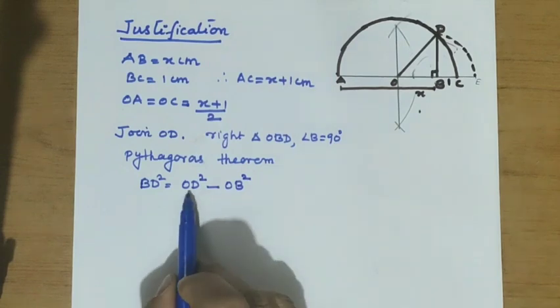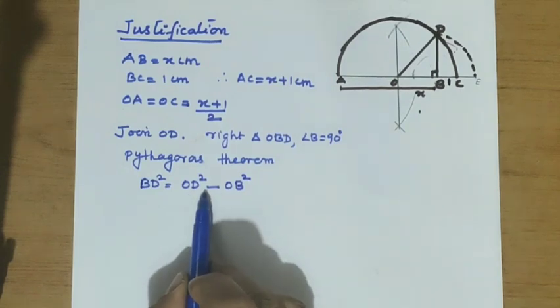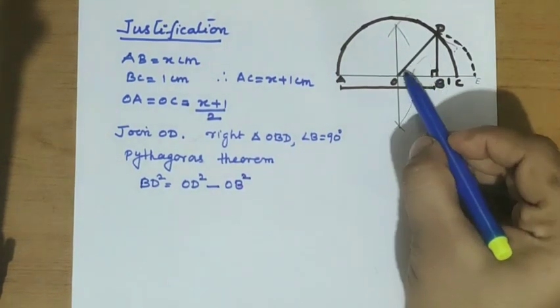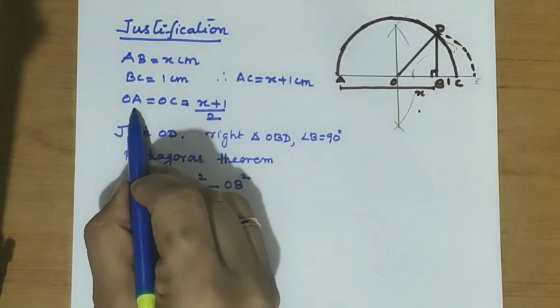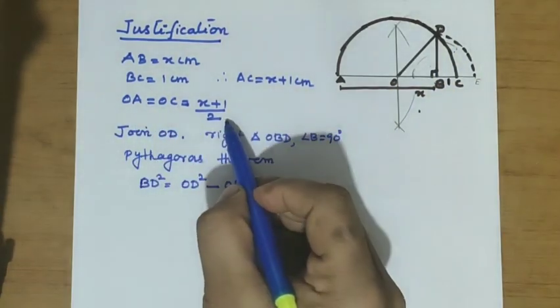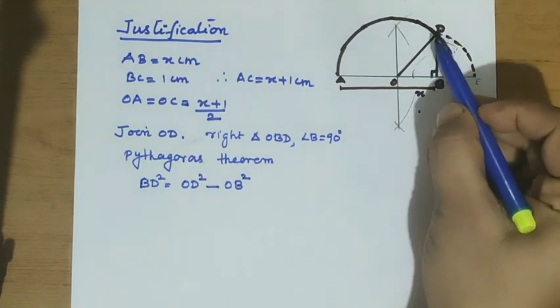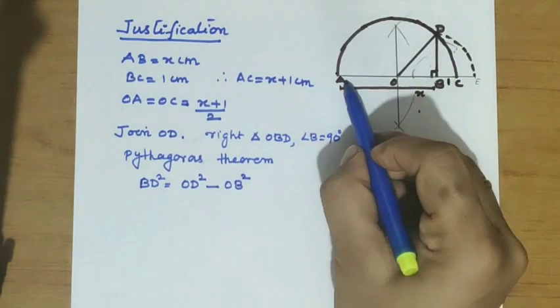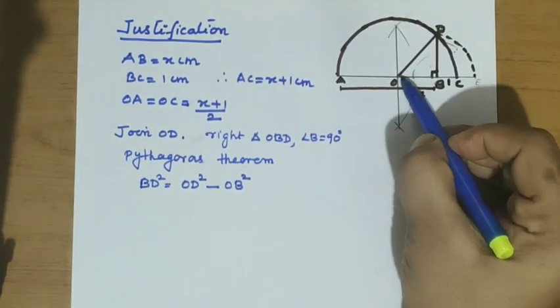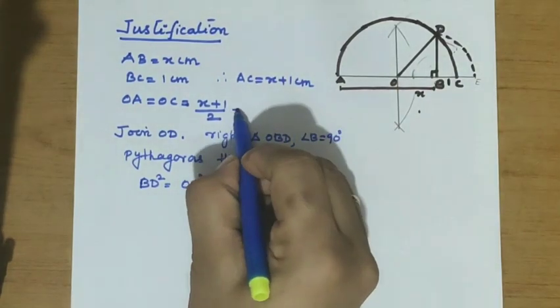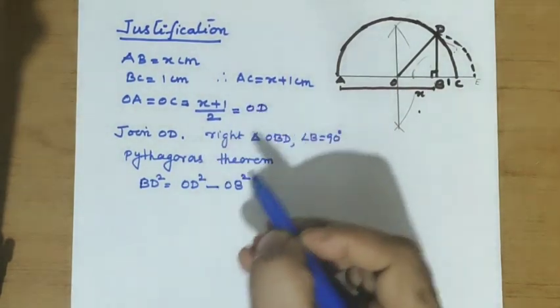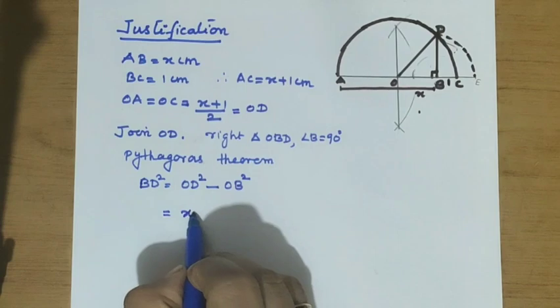Now for OD square, we have to get the length, that is the radius of the circle only. You already know OA, OC equal to (x plus 1) by 2. OA is a radius, OC is a radius and also OD is a radius. So this is also equal to OD. So we are completing here ((x plus 1) by 2) whole square.